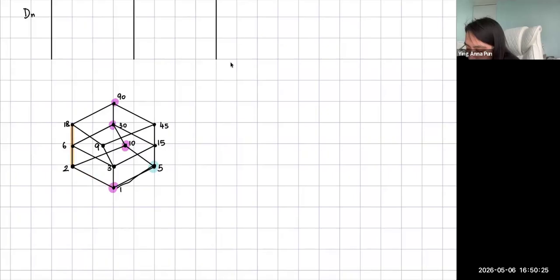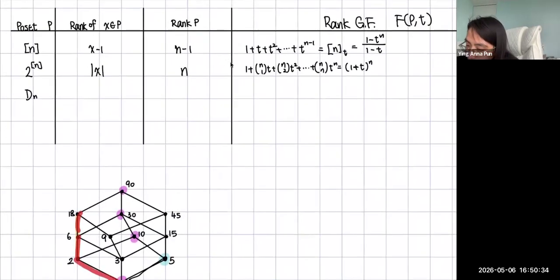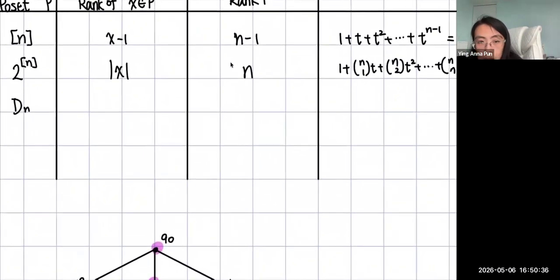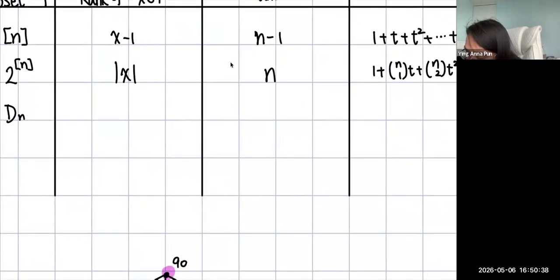Also, the rank of an element is the number of edges to go from below and go up. Therefore, the rank of an element X here is just the number of prime factors of X, of course including multiplicity.